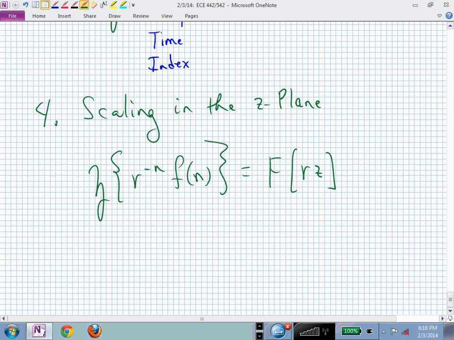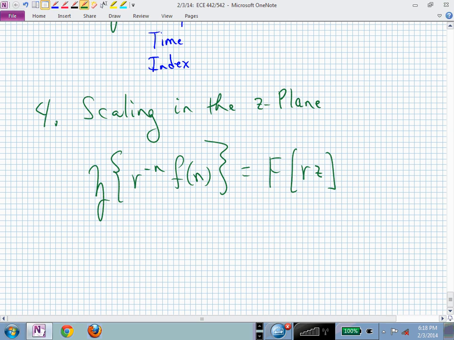And what is this r to the minus n? That's just f of n divided by r to the n. So if r is bigger than 1, then that's collapsing f of n quicker than f of n was collapsing on its own. And what's that doing? That's actually scaling the z variable in our Z-transform.